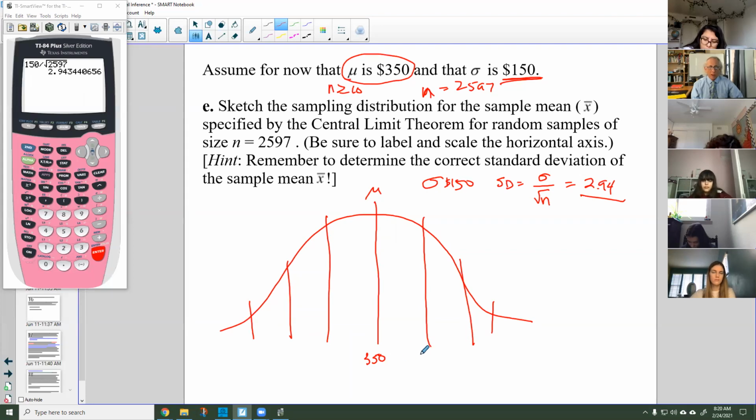So now we have, well, I'm not even going to try it in my head, 350 plus 2.94 plus 2.94 plus 2.94, and I get 352.94, I get 355.88, and I get 358.82.